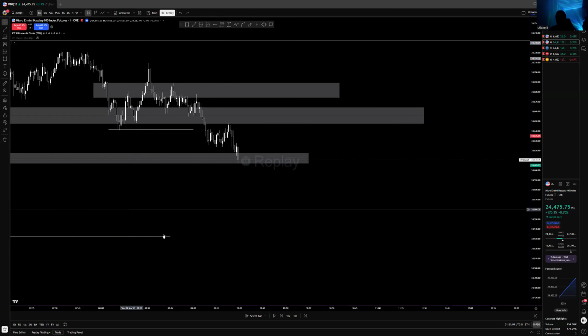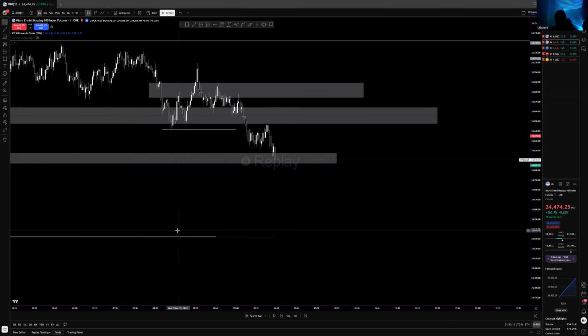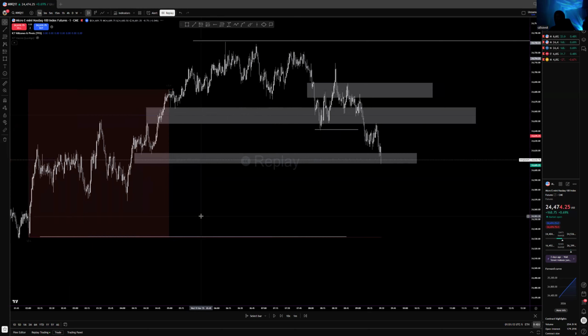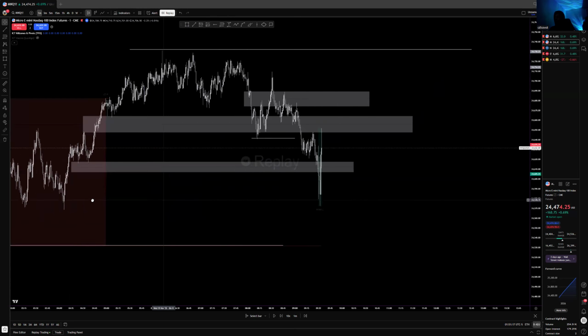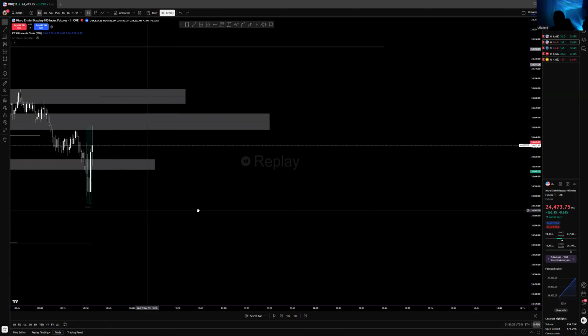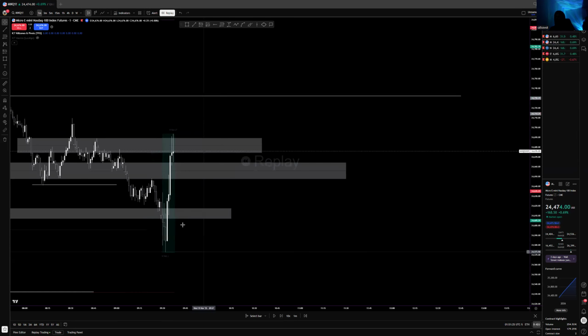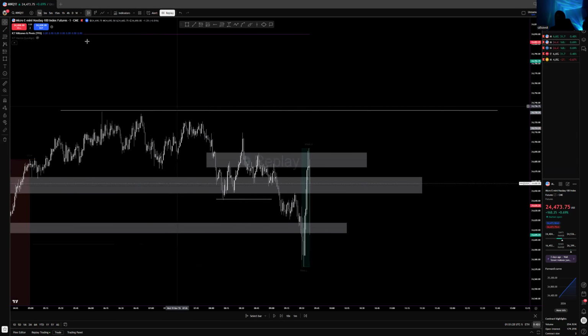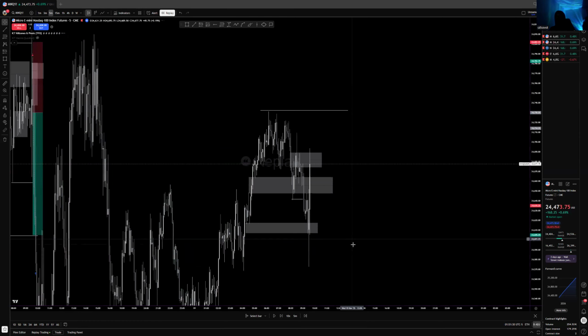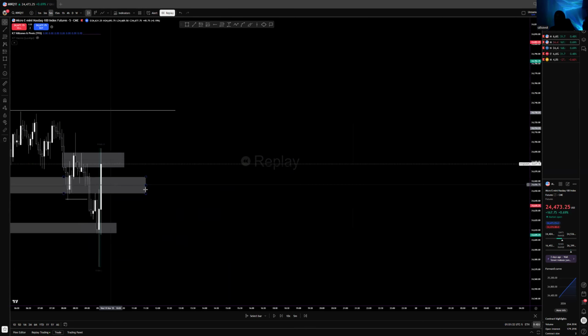Now we go to the 1 minute time frame and see if we got anything going. We don't have any inversion right here, so we just have to patiently wait. The 5 minute candle got inversed.